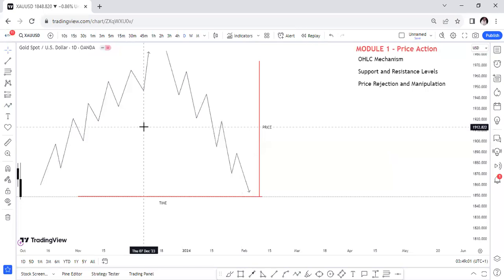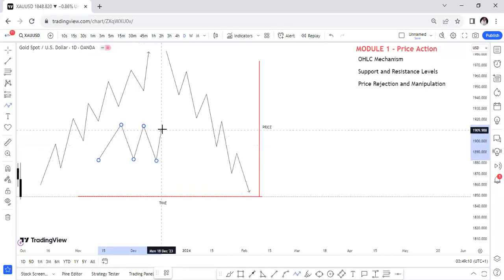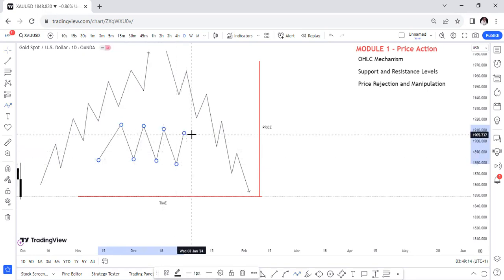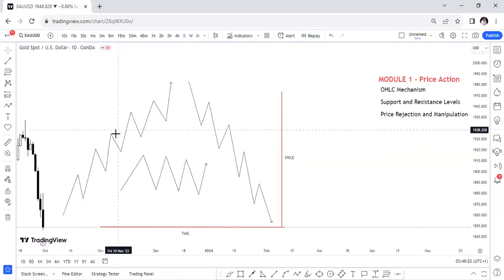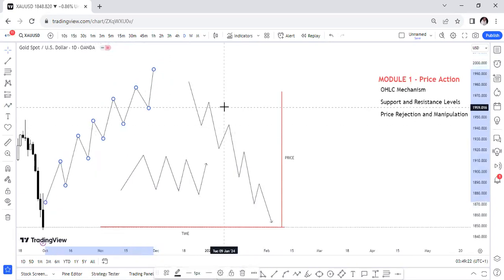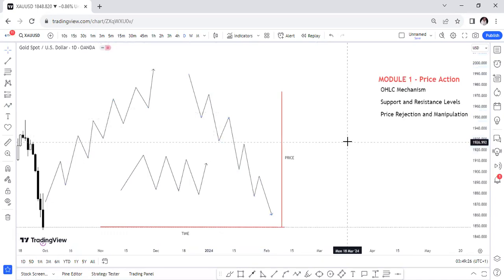Then we have the other trend, the sideways, which is the normal range. This is range. So this is price action.